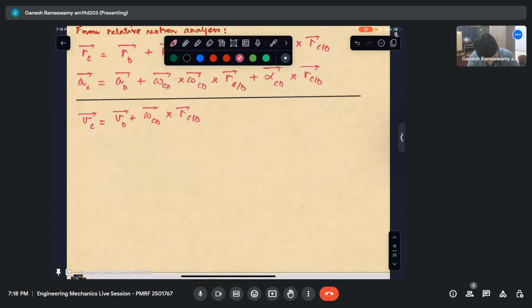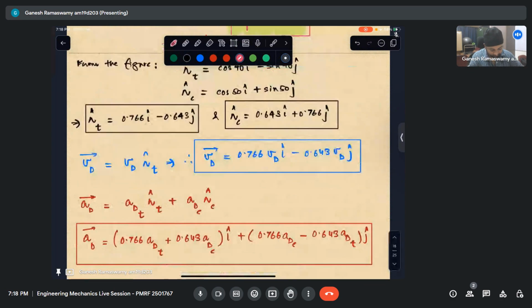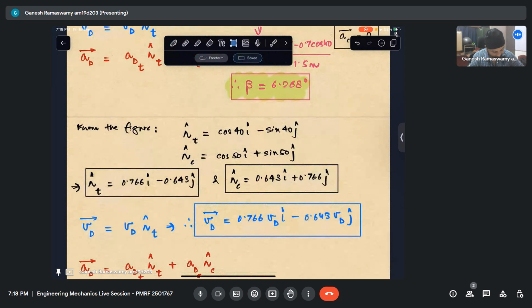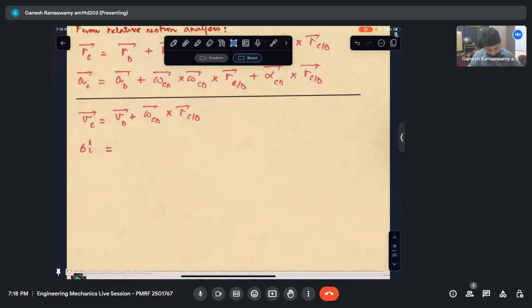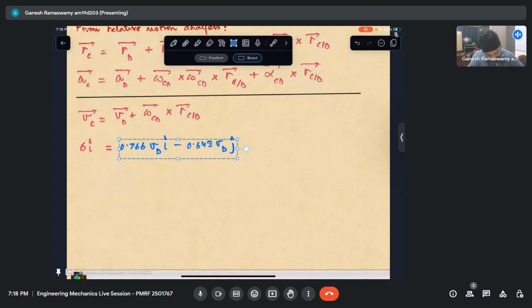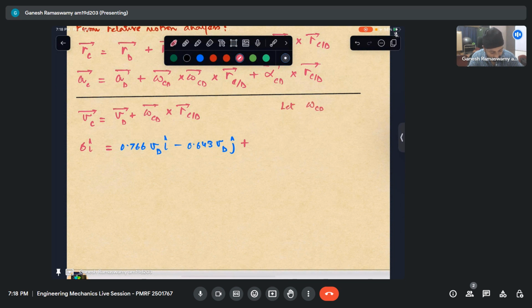Velocity of d, we have found it out as this quantity with the unknown Vd still over there. So this is velocity of Vd plus, let omega Cd vector be omega Cd k cap and alpha Cd vector be alpha Cd k cap.